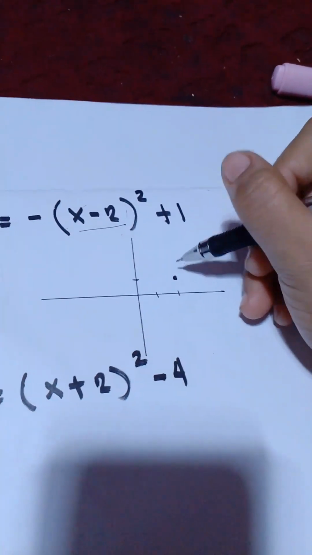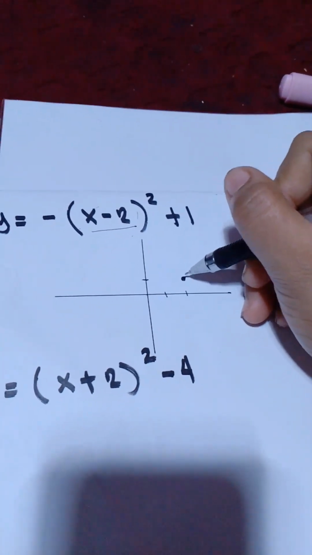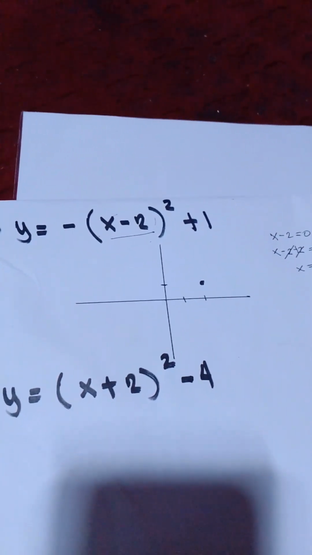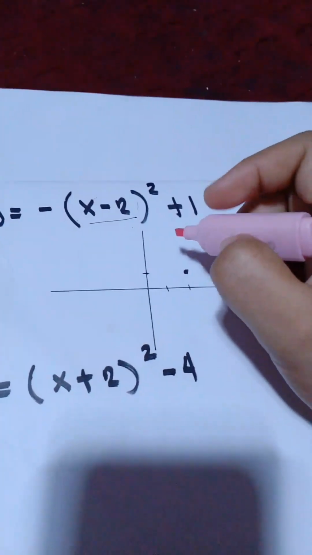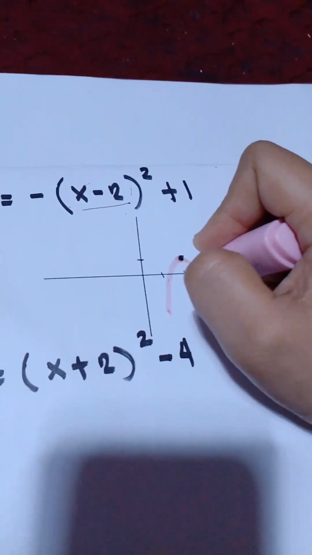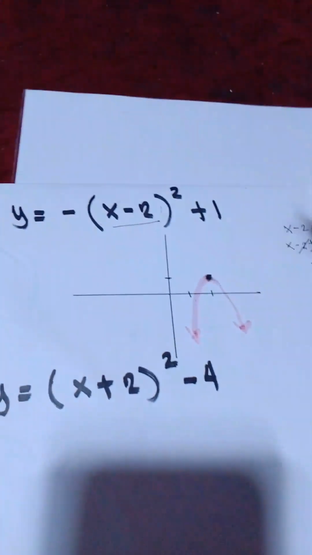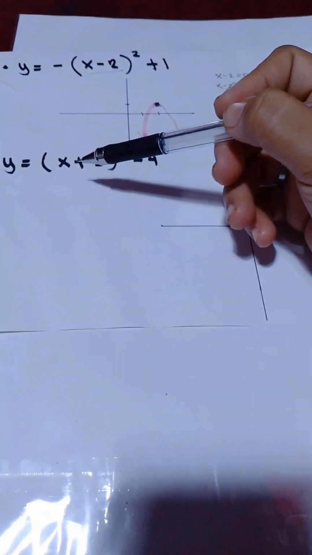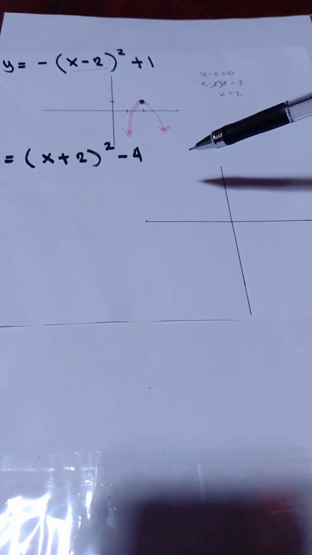That's where our vertex is located. Since it's negative, the graph will look like this, downward.